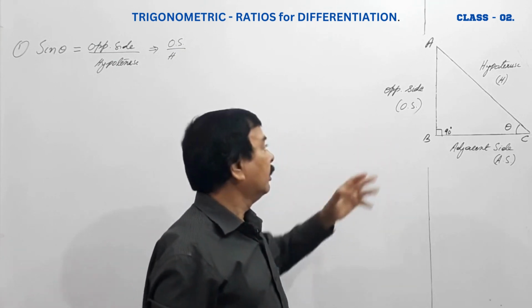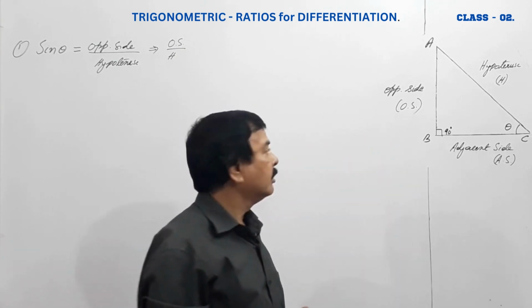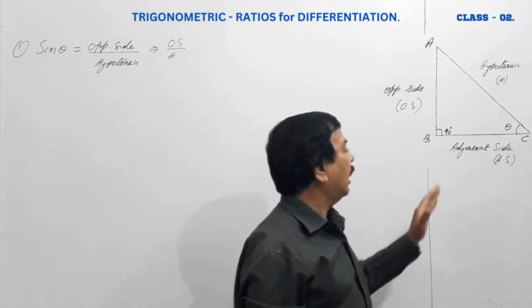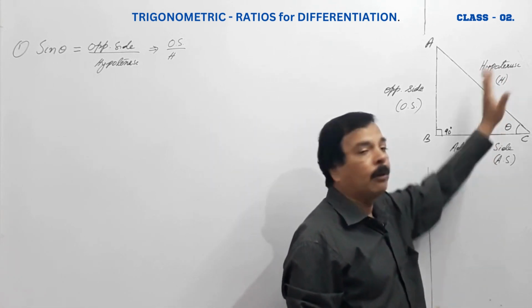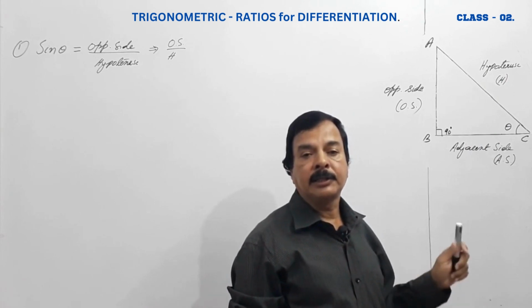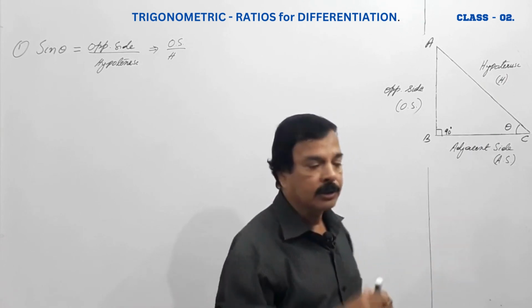Now let us know what cos theta is. Here I'll divide the adjacent side by the hypotenuse. If I divide the adjacent side by the hypotenuse, I get cos theta.